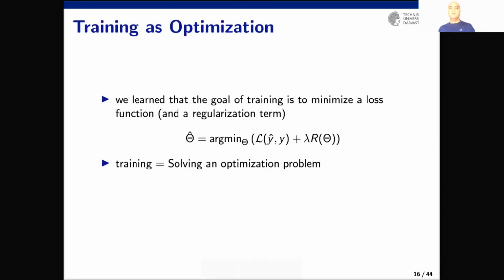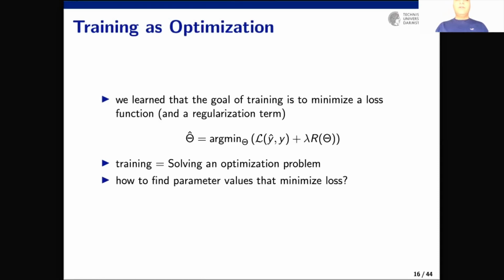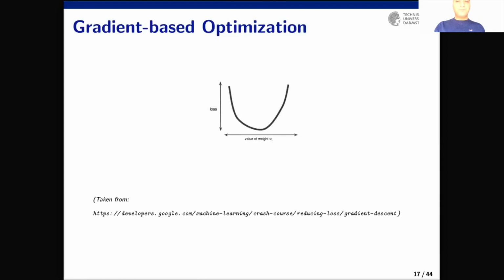So in other words, training equals solving an optimization problem in math. Now the question is, how should we solve this optimization problem? The answer is a numerical method for optimization, which is called gradient-based.